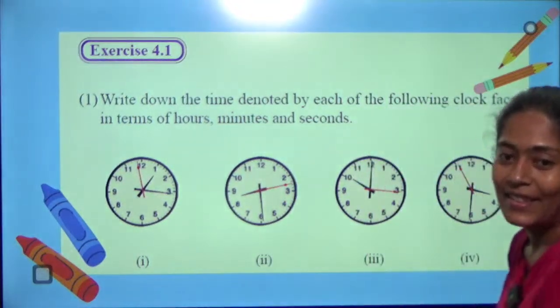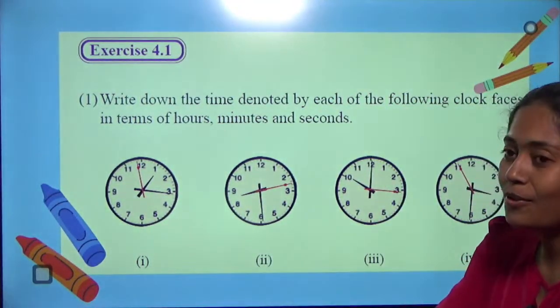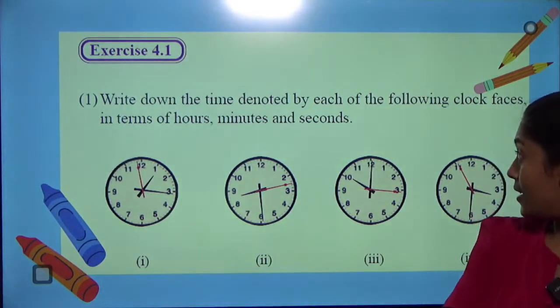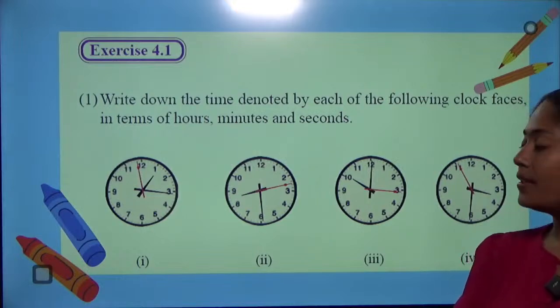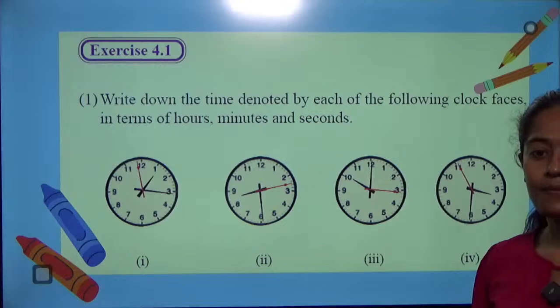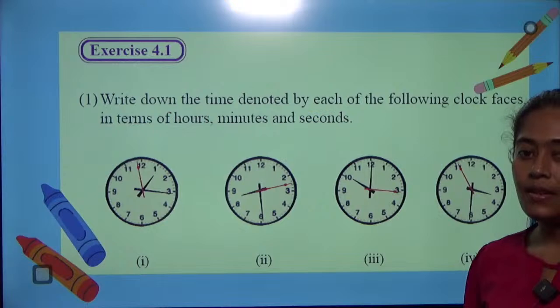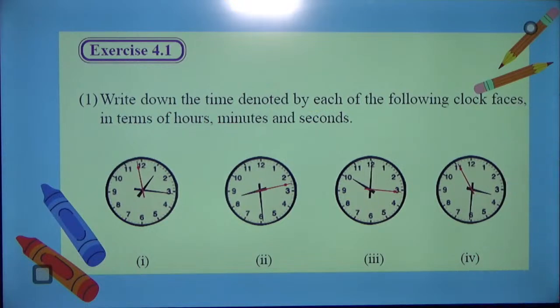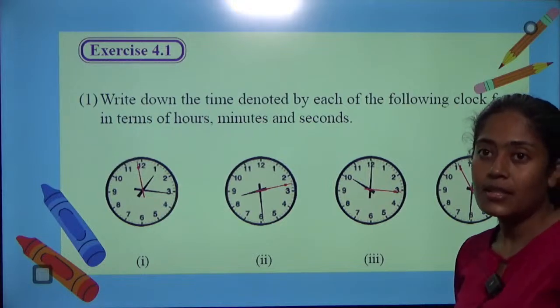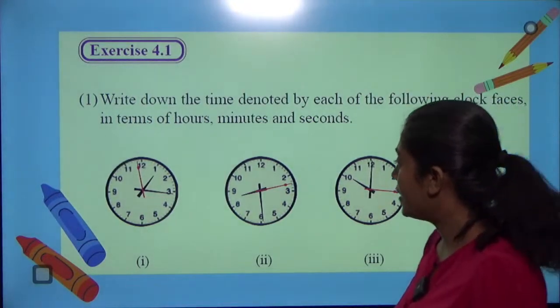Right. This is the exercise what you have to do in your textbook. There are 4 questions. First one. Can you tell me the answer? Write down the time denoted by each of the following clock faces in terms of hours, minutes and seconds. Now you have to count seconds also. First one we'll see.